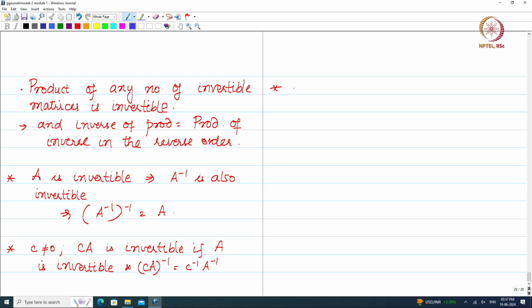If A is invertible, then A transpose is invertible, and the inverse of A transpose is equal to the transpose of A inverse.